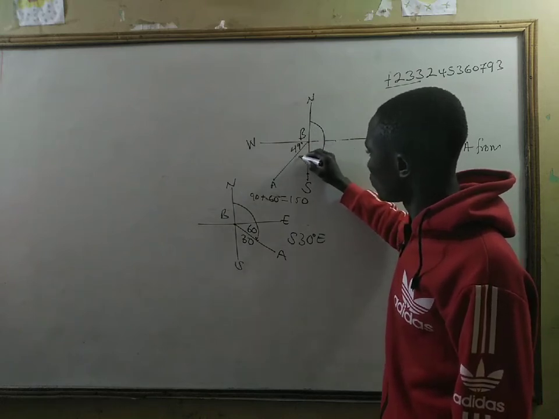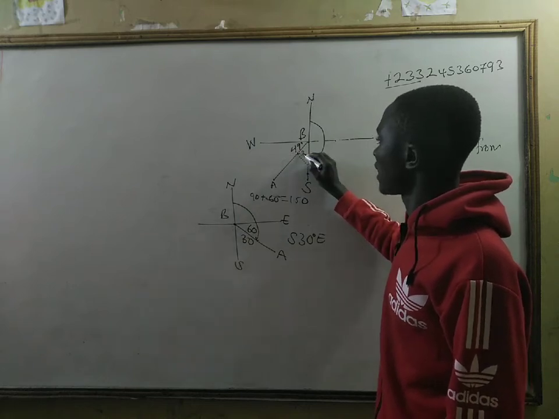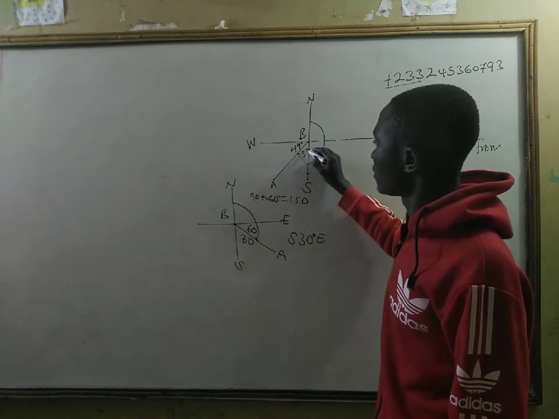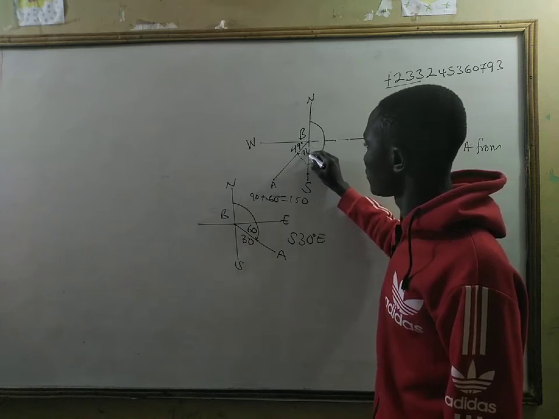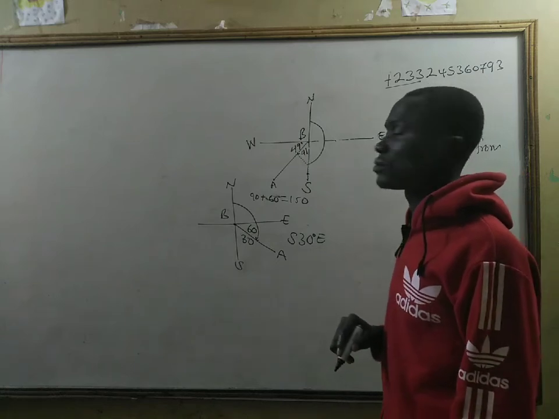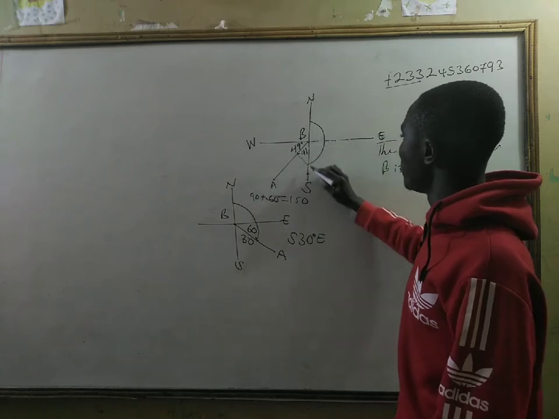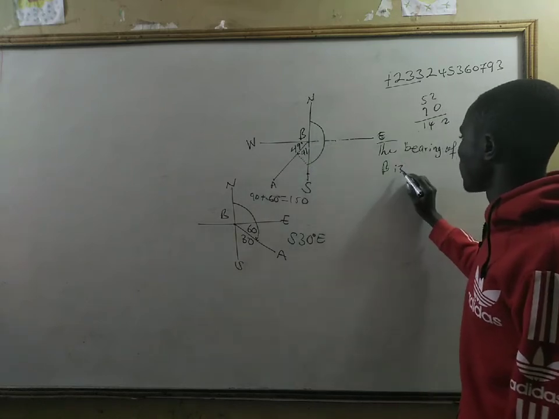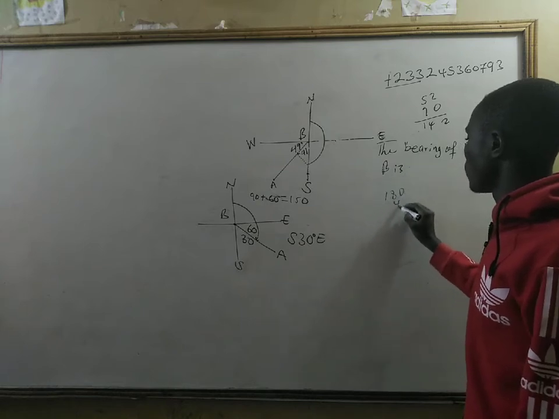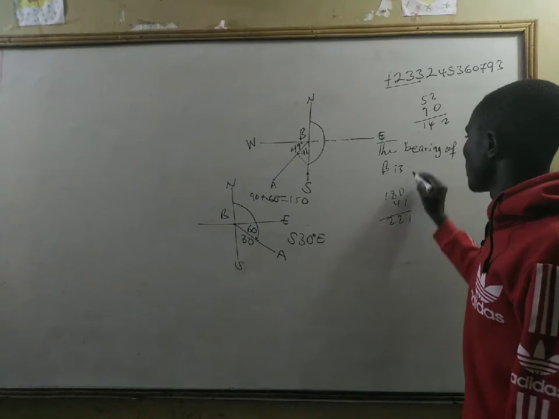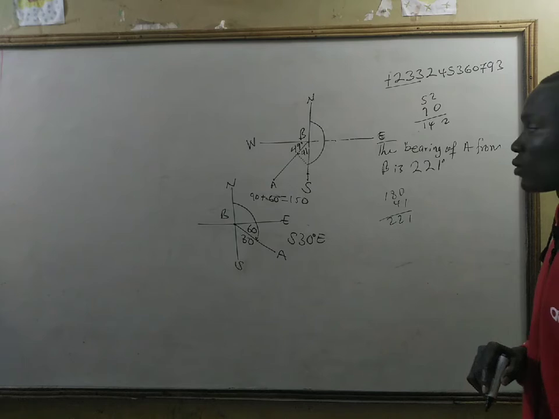Then you need this one to reach line A. So you subtract 49 from 90 to get here as 41. So the bearing of A from B will give you 180 plus 41, that is 221 degrees.